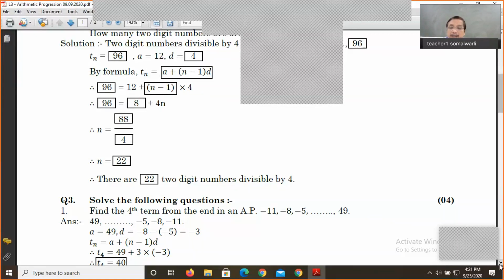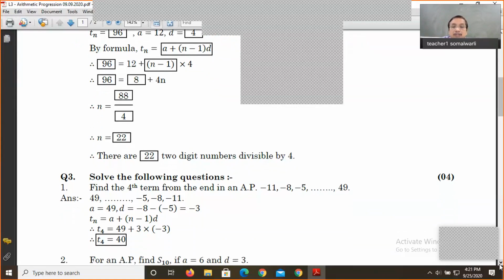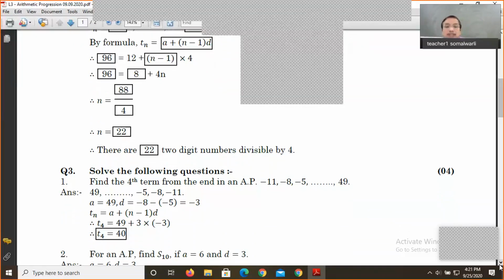So Tn, here n is equal to 4. A is 49, D is minus 3, and the formula we know: Tn is equal to A plus n minus 1 into D. So T4: value of A is 49, n minus 1 is equal to 3, and D is minus 3. So 3 into minus 3 is minus 9, and 49 minus 9 is equal to 40.